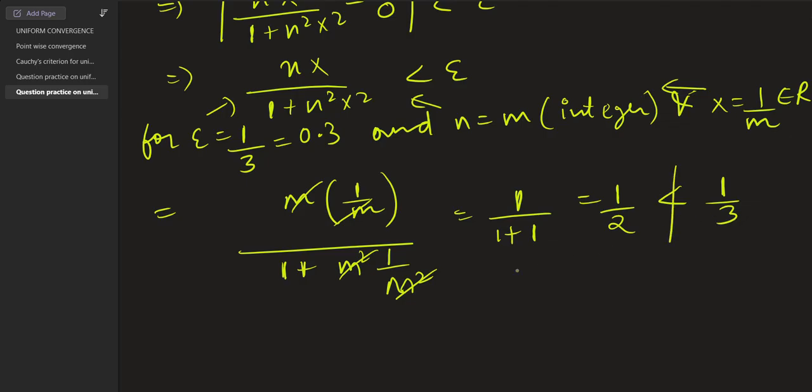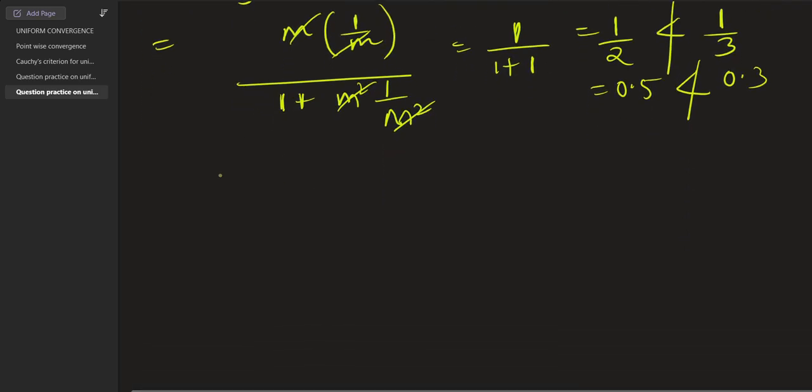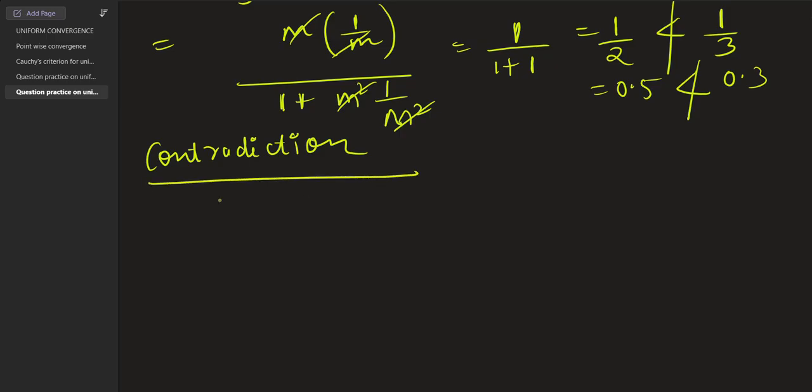But this is not true, because 1 by 2 is 0.5 and 1 by 3 is 0.3, and this is not satisfied. Hence we got a contradiction. So when we get a contradiction, this implies Fn does not converge to f uniformly. Fine.